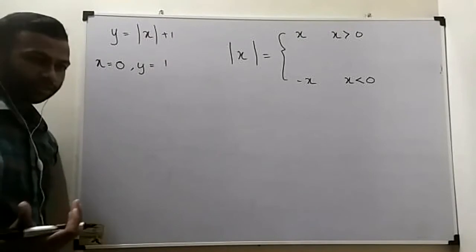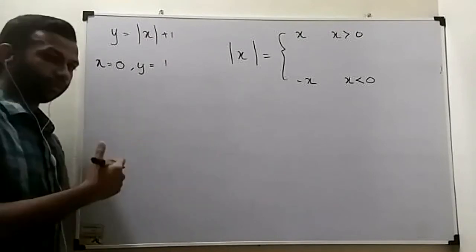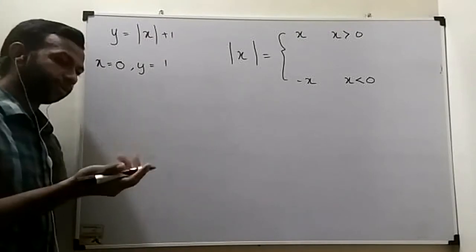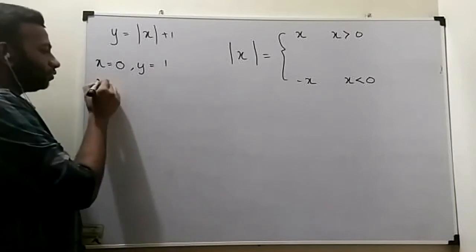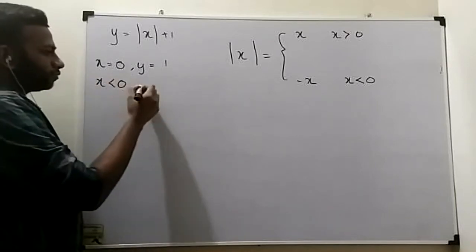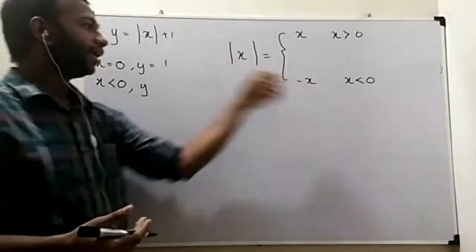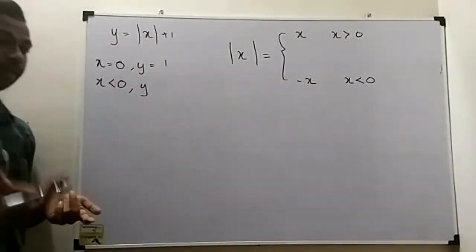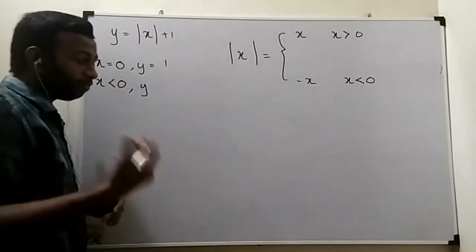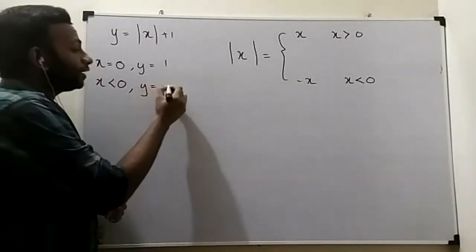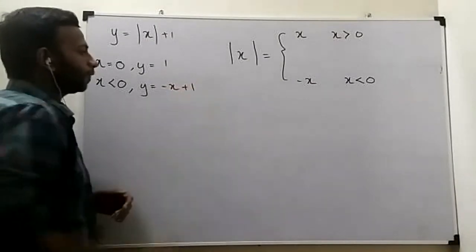Next, you take the case when x is less than 0 and the case when x is greater than 0. When x is less than 0, x needs to be multiplied by minus. That means y is equal to minus x plus 1.